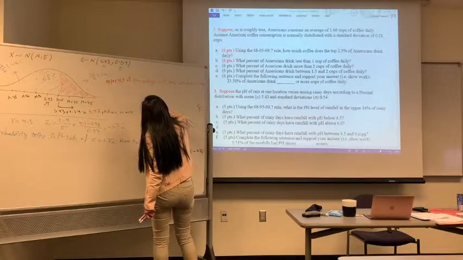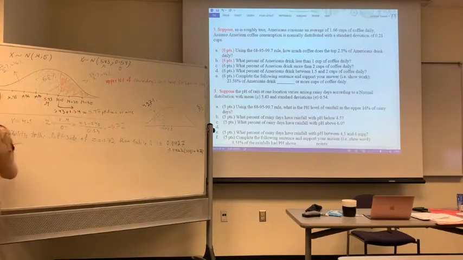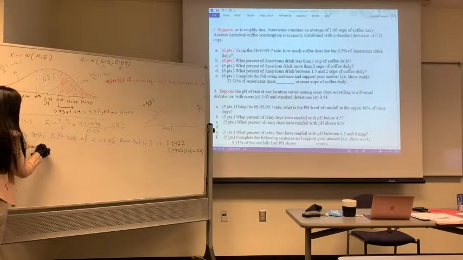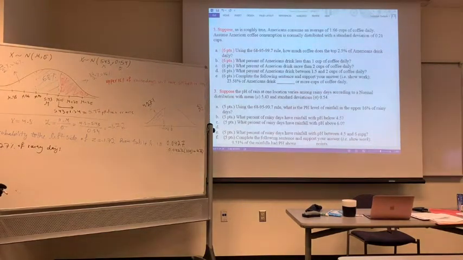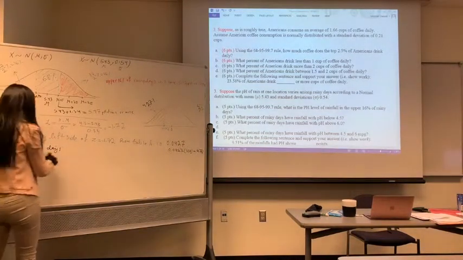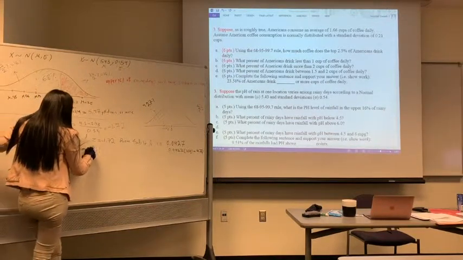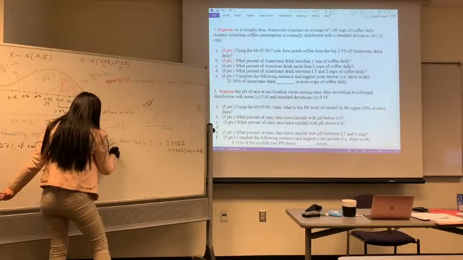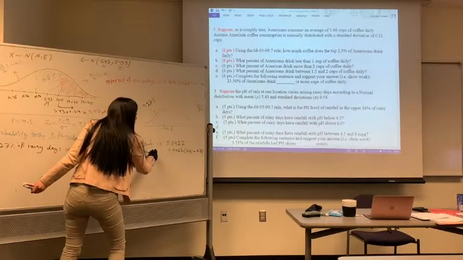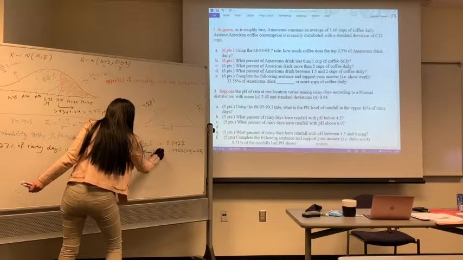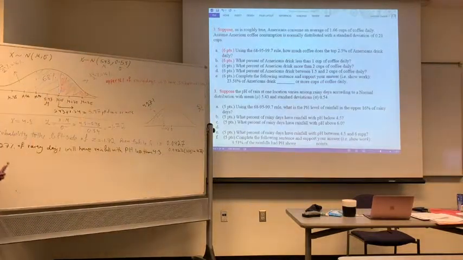So what should I write down? 4.27% of rainy days will have rainfall with pH less than 4.5. That's it. Correct? Good.